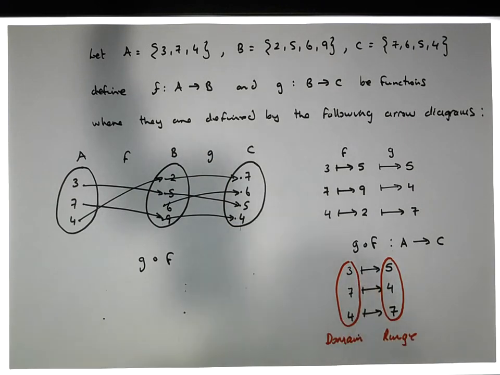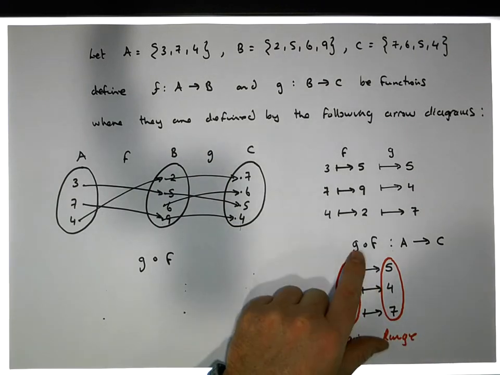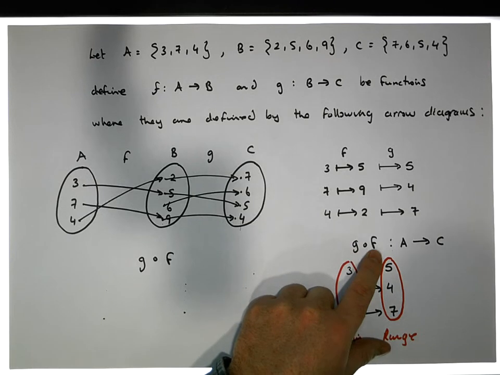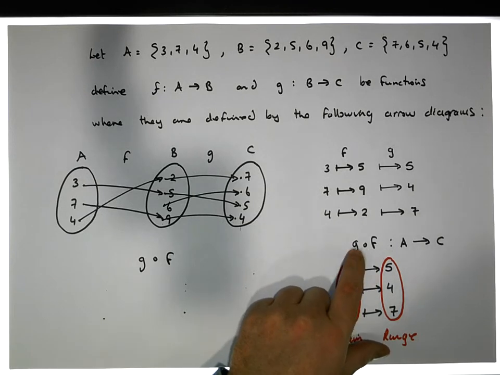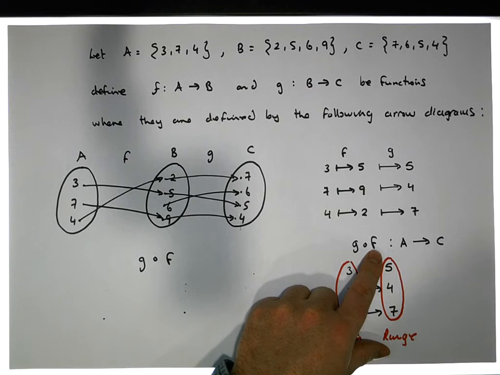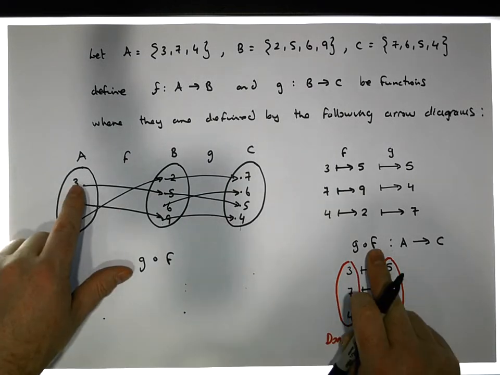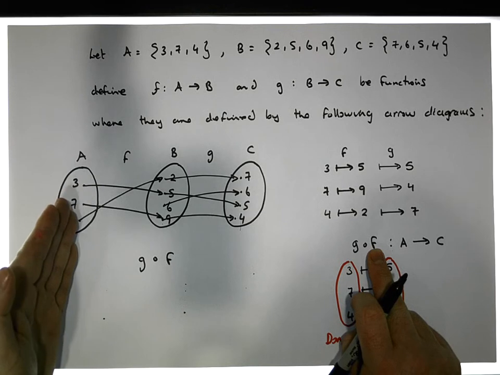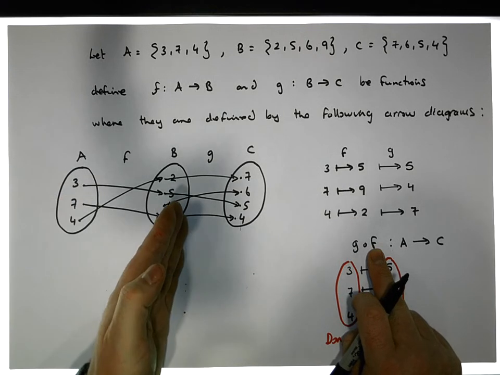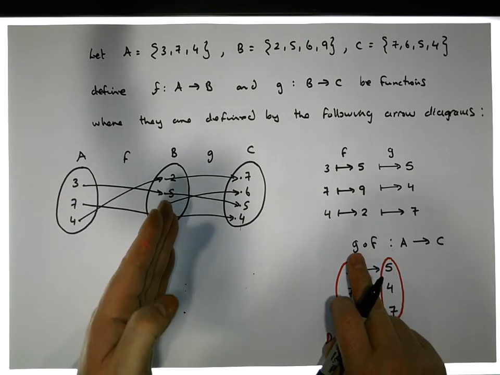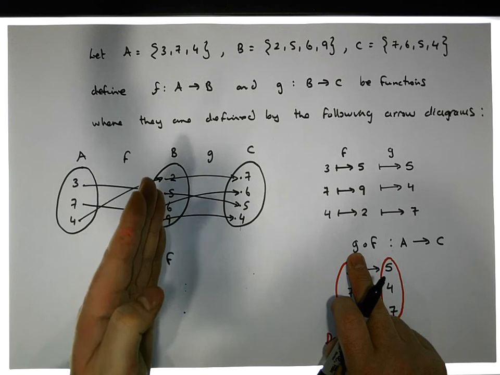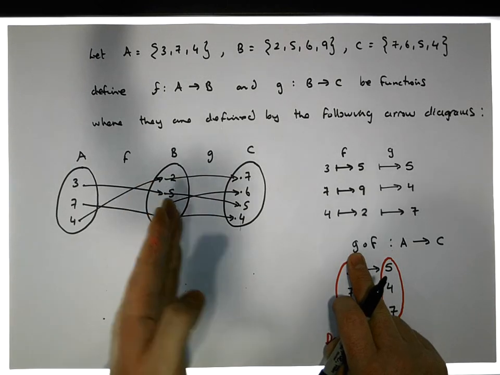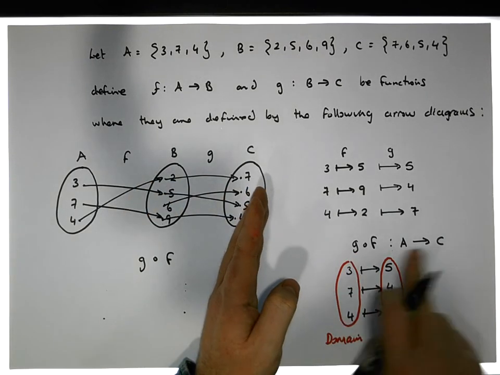The important thing here is that when you're doing composition of functions, g after f means in words that g is performed after we perform f. We do f first, the mapping from the domain of f into its codomain, and then from there we do the mapping from the domain of g into its codomain C, which gives us a new function.